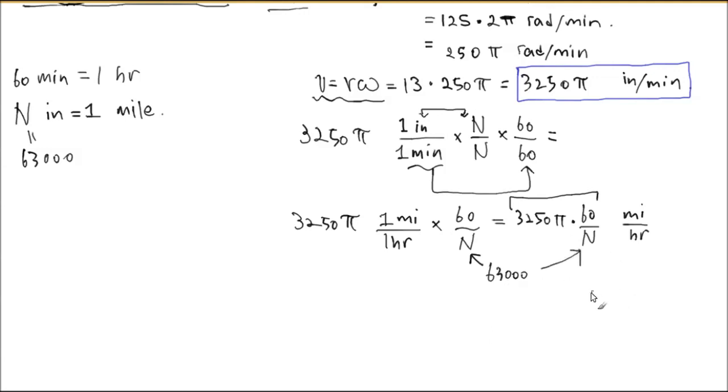All right, so let's work this one out. I want you to go ahead and calculate 3250 times pi, 3.14. That's pi. 60 divided by 63,000 is roughly how many miles per hour? It seems like 9.6. You have an idea about how slow 9.6 miles per hour is when you're driving, but if you're rotating like that, that's the forward speed of a bicycle.